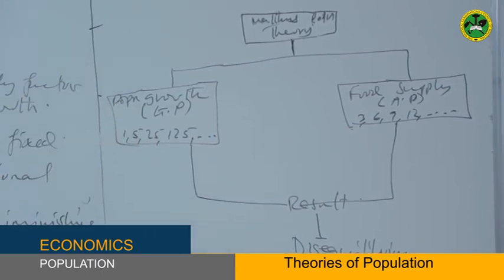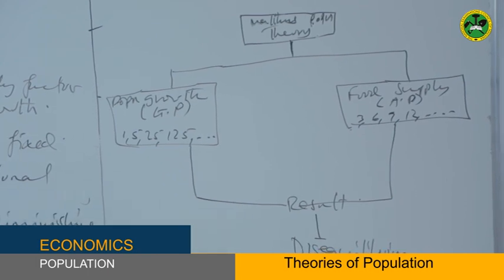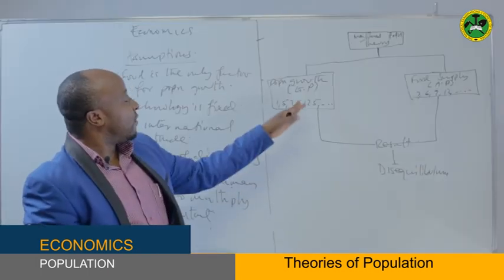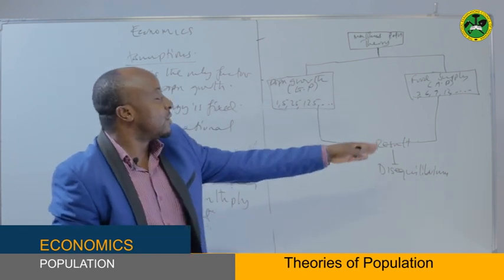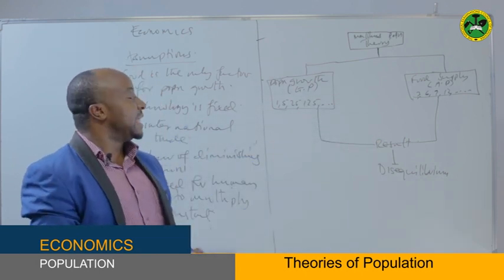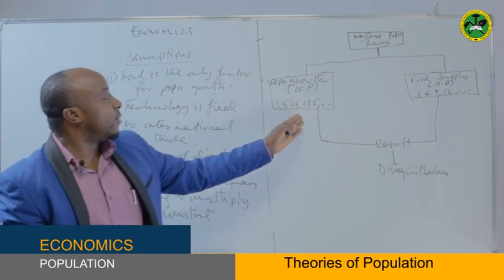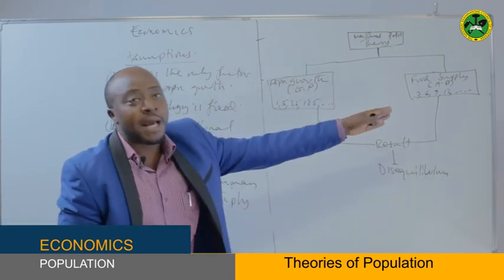It means one will be greater than the other, especially the one which is increasing rapidly, faster than the other one. So it will reach a time when there would be disequilibrium. That means population will be greater than the food supplied in the economy.